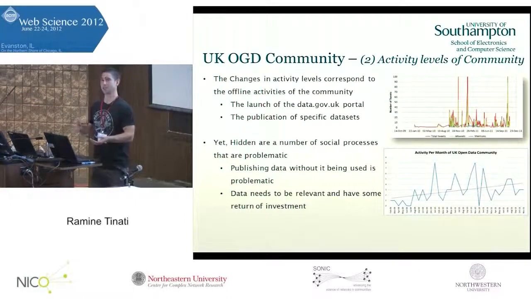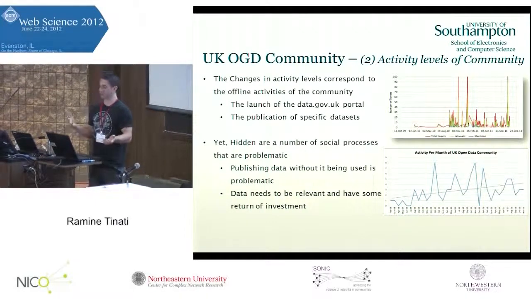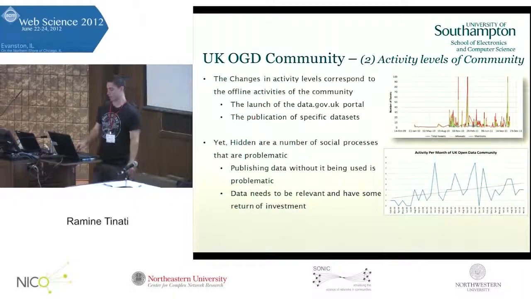Just because you see high levels of activity, it doesn't necessarily mean that the activity is for a positive thing or for the growth of the network. So we see these different processes.